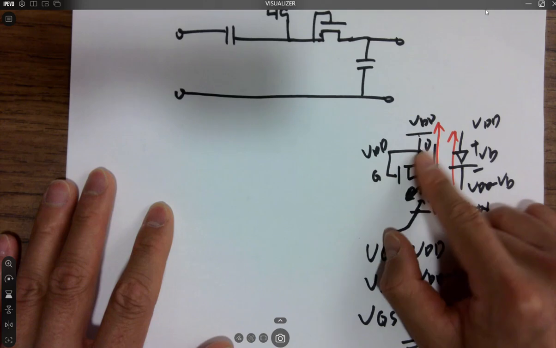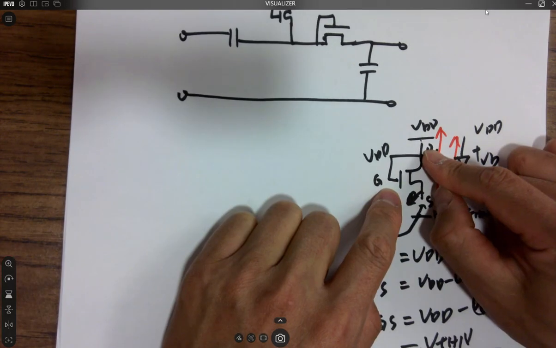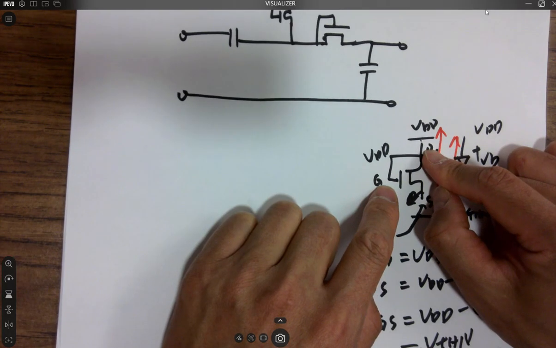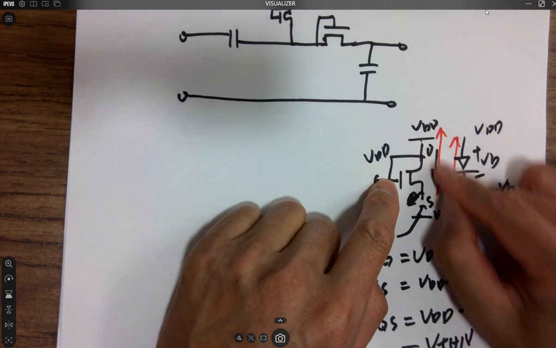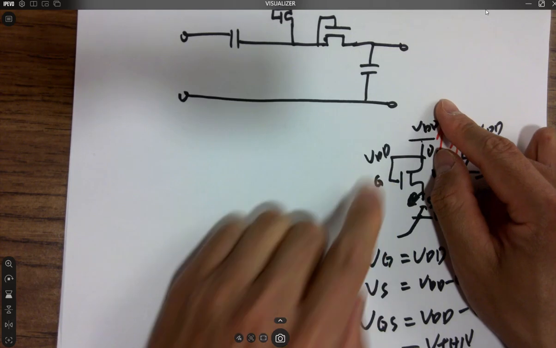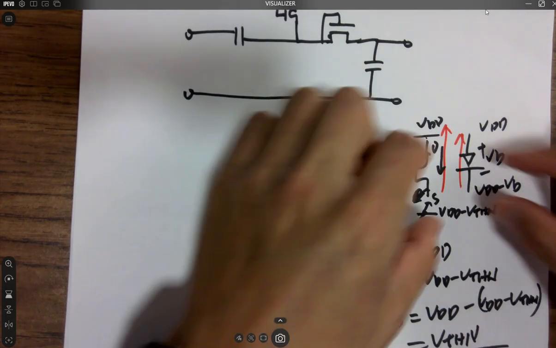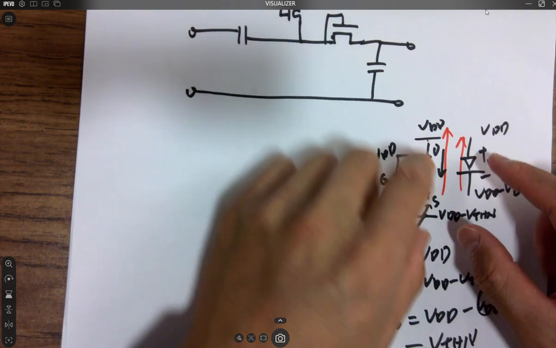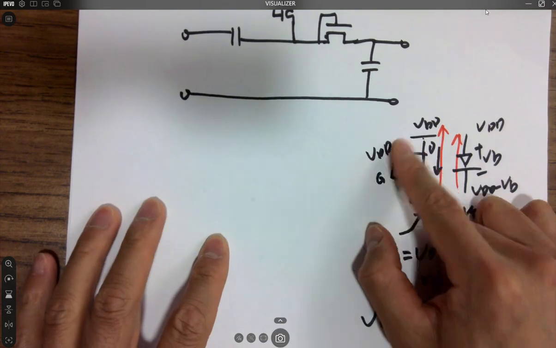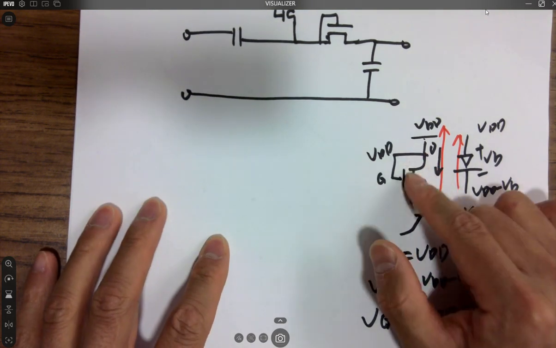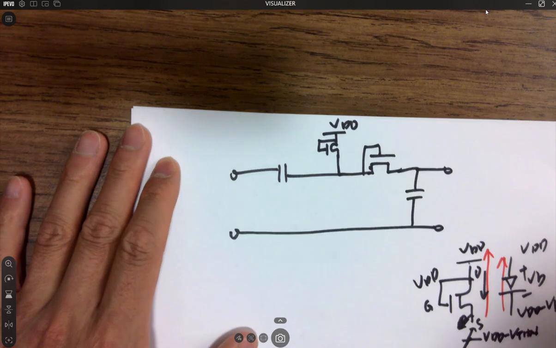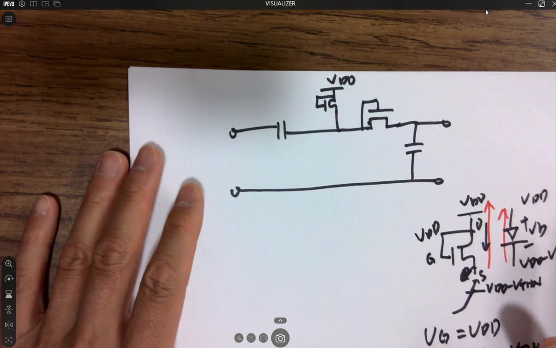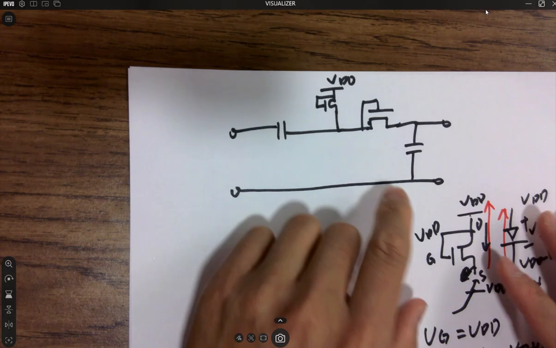If you run current that way, VG and VS are the same voltage, so VGS is 0. It's less than VTHN, so you're not able to run current from bottom to top. Because they share the two common terminals, that's why we can use this one as a diode. So we replace that with a gate-drain connected NMOS transistor and use it as a diode.